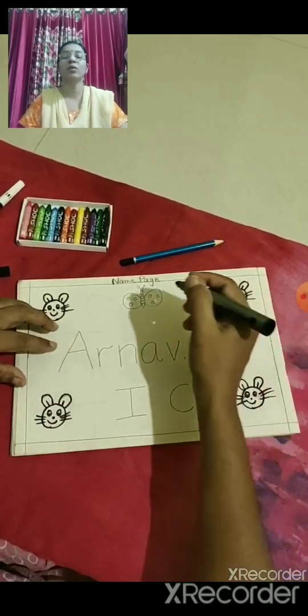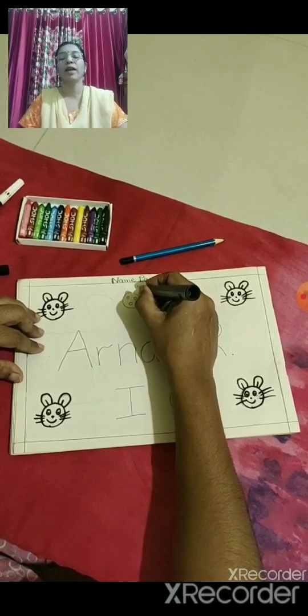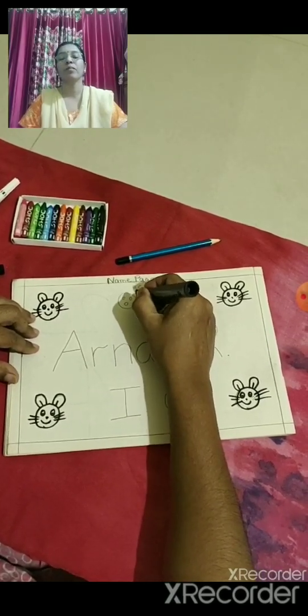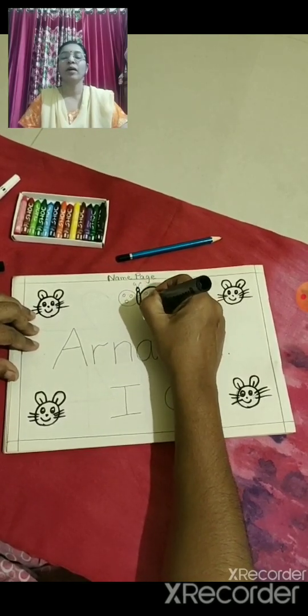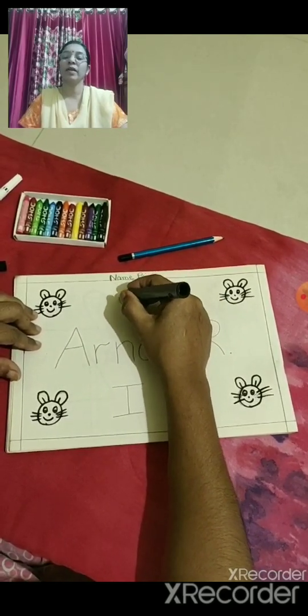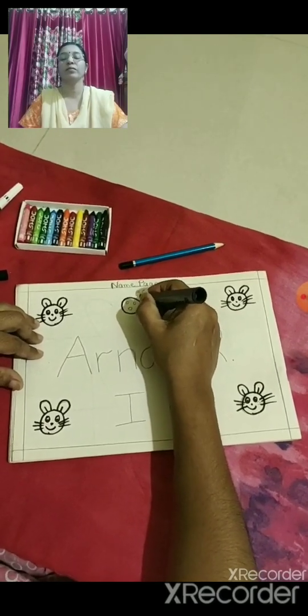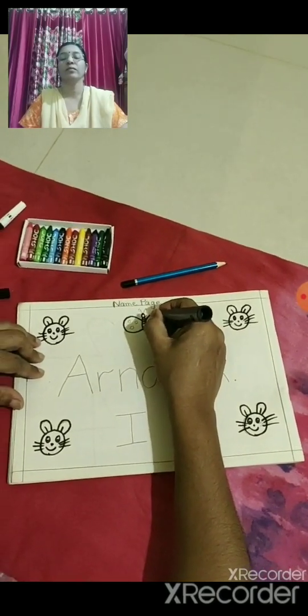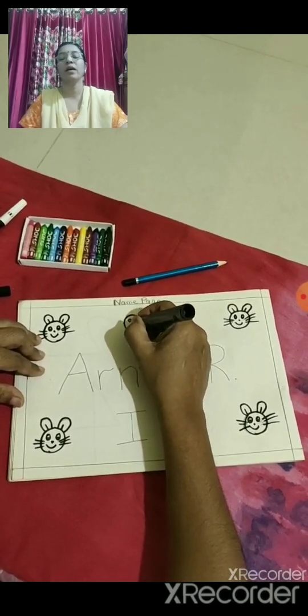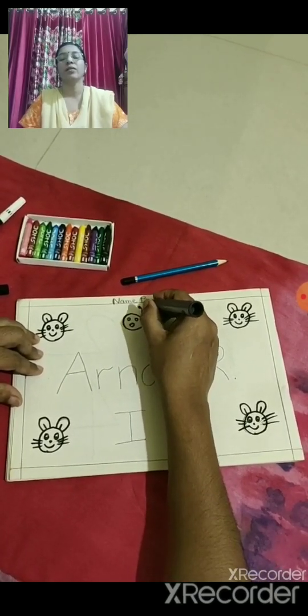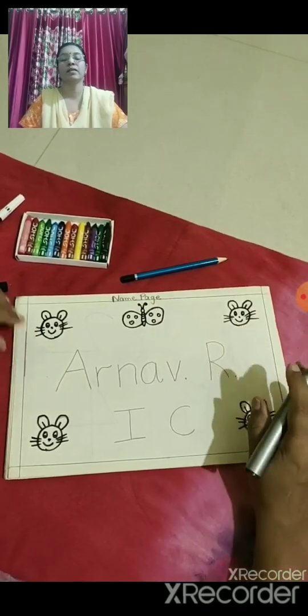Now we'll give the outline to the butterfly. You can draw as many butterflies as you want. For the design in the butterfly, I'll use simple design circles.